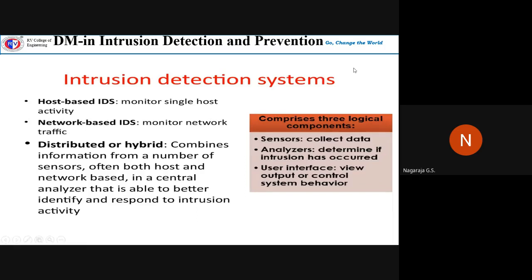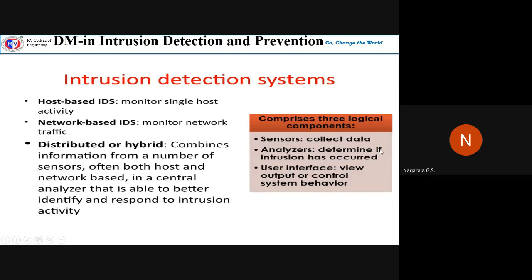Here we have three logical components. One is sensors, which are used to collect the data from different sources, and later the data is aggregated in a cloud environment using gateways. Then the analyzers determine if an intrusion has occurred or not.